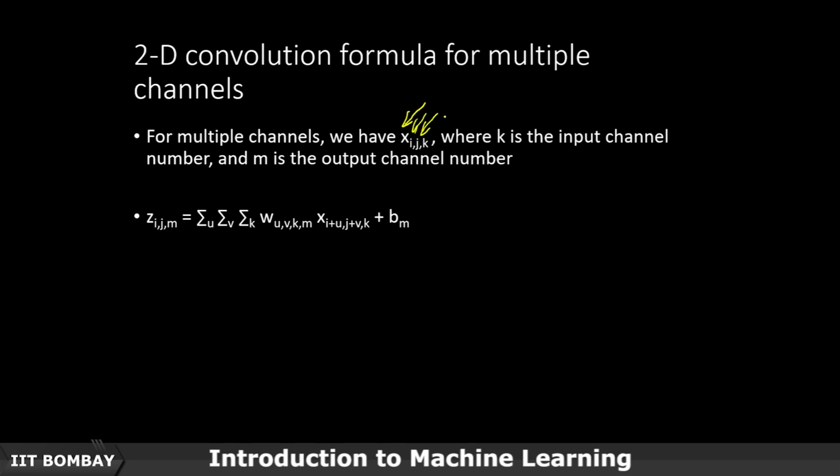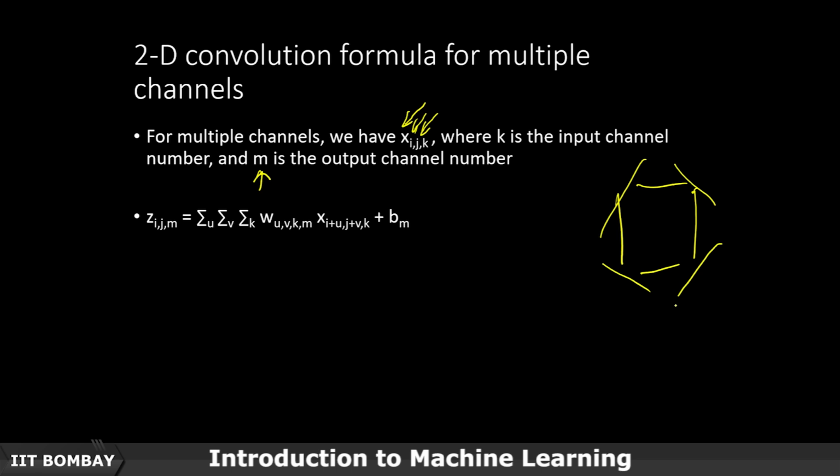So the channel is now described by the third index, which is k, and now the output itself has more than one channel, which is m different channels. Why more channels? This is the number of feature detectors that we have. For example, if we want to detect this edge, this edge, this edge, and so on, we need 8 different channels, and perhaps the negative of all that also. For example, going from dark to light and light to dark and so forth. So we need multiple different channels.